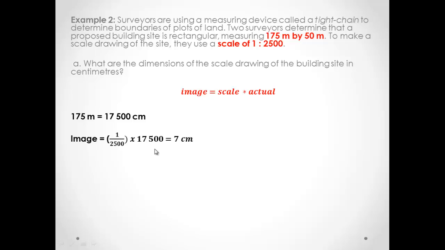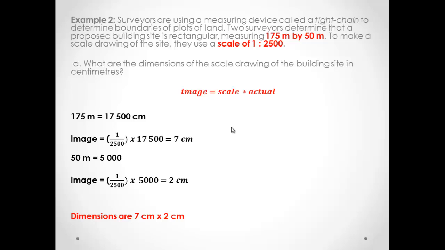We just changed the unit, and then we multiply it by the scale, 1 over 2,500, and we get 7 centimeters. We do the same thing with 50 meters. 50 meters is equal to 5,000 centimeters. Sorry, guys, centimeters were missing there. If we multiply 5,000 by 1 over 2,500, we get 2 centimeters.